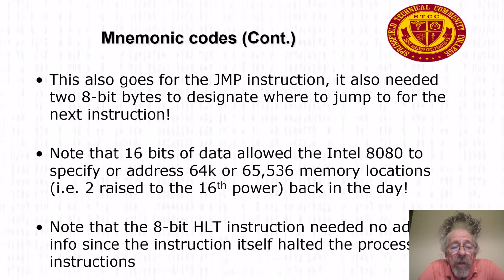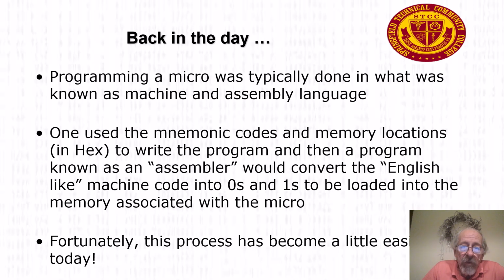It also needed 2 8-bit bytes to designate where to jump to for the next instruction. So again, note that 16 bits of data allowed the Intel 8080 to specify or address 64K, or exactly 65,536 memory locations, that is 2 raised to the 16th power, back in the day. Note that the 8-bit halt instruction needed no additional info since the instruction itself halted the processing of instructions.